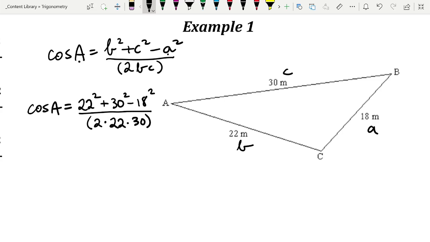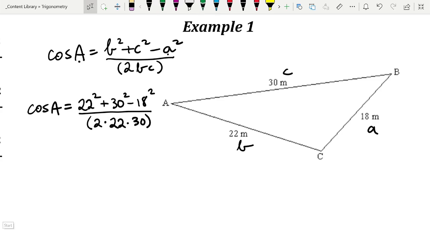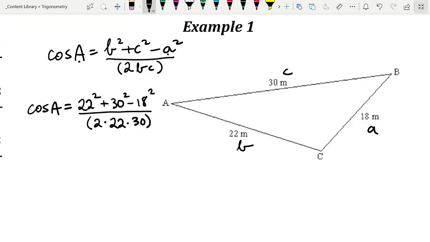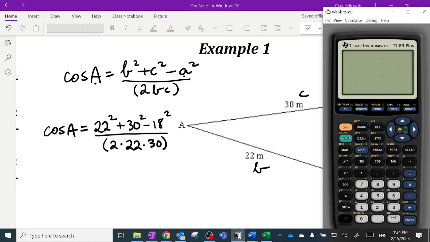You have to be careful punching this in. Okay, so calculator on, and open a bracket. If you've never used your brackets before, they work just like you say them and the way you write them down.